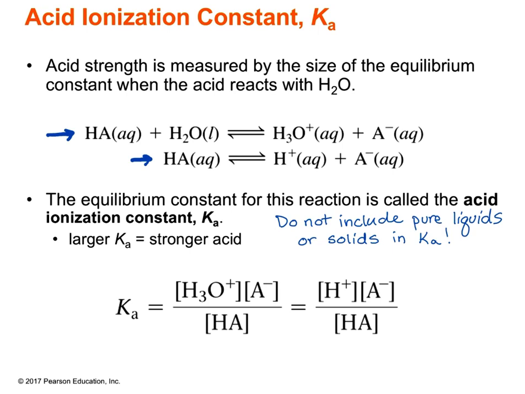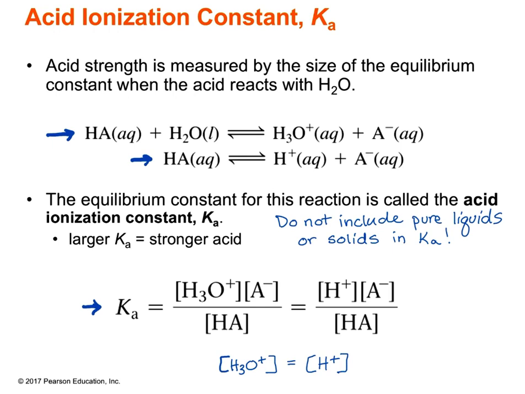Okay, so down below we can see how we would write the expression of Ka. We would write the concentration of hydronium ions times the concentration of the conjugate base over the concentration of the original acid. Also, remember that H3O+, the hydronium ion, is also equivalent to any protons that are in solution.